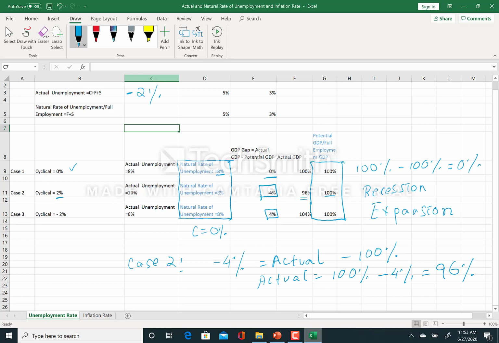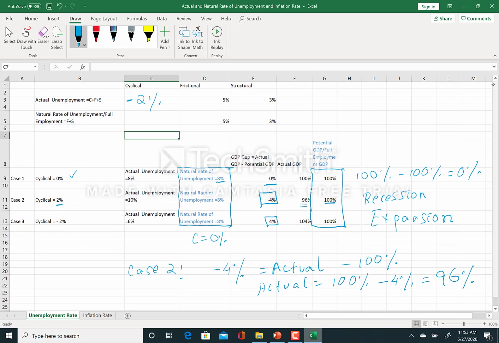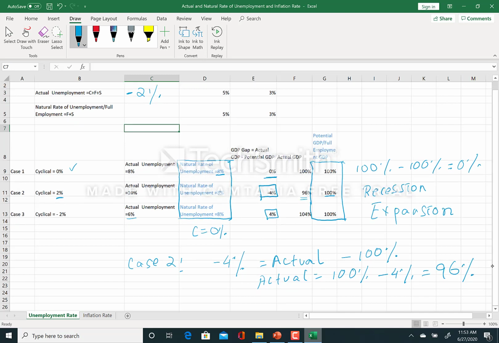Also, when this one is negative 2, my actual unemployment will be 5 plus 3 minus 2, which is 6%. This one's less than the natural rate of unemployment. Now, this is still equal to 100%.